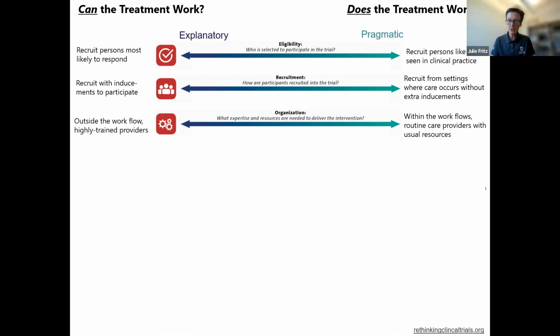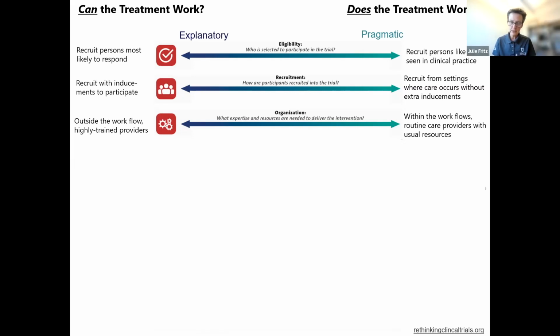Third domain listed here is the organization, or the expertise and the resources that are needed to deliver an intervention. A pragmatic strategy should work to embed the research into the workflow of a routine clinical practice and use typical resources available to deliver the treatment.